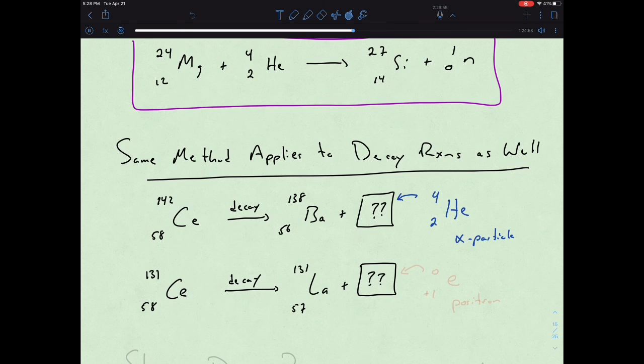We would have something that has a mass of 0 and has an atomic number or charge of 1. And that is our positron type particle. We'll talk more about those types of decay particles in a subsequent video.